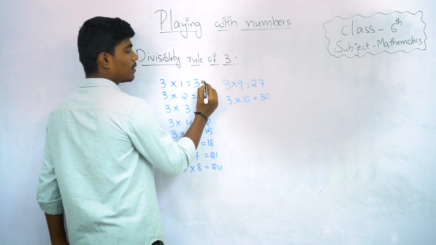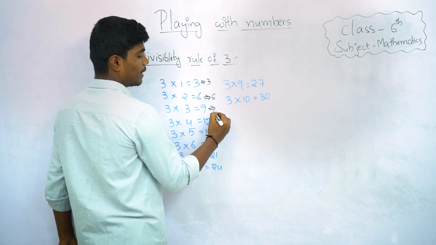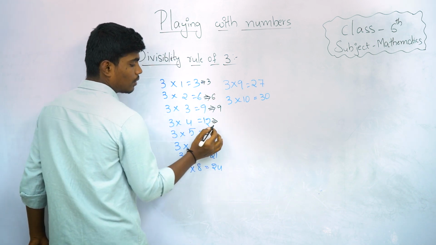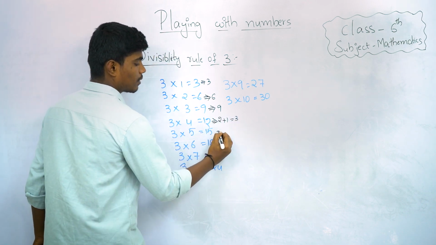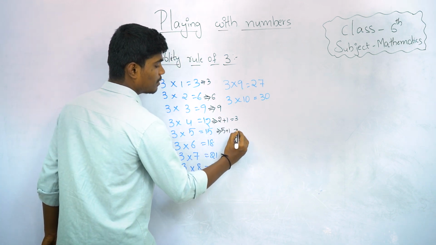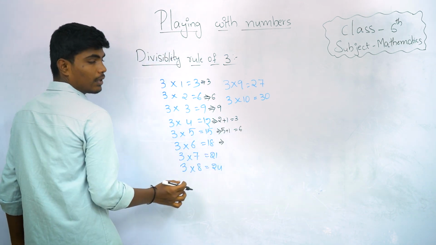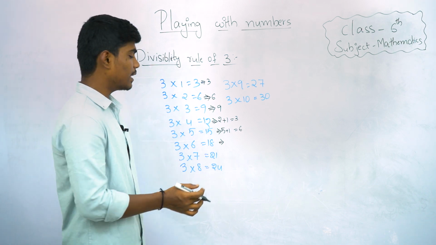Here 3, here 6, here 9, here 2 plus 1 is 3. Here 5 plus 1 is 6. What we are doing here is adding the digits in the number.